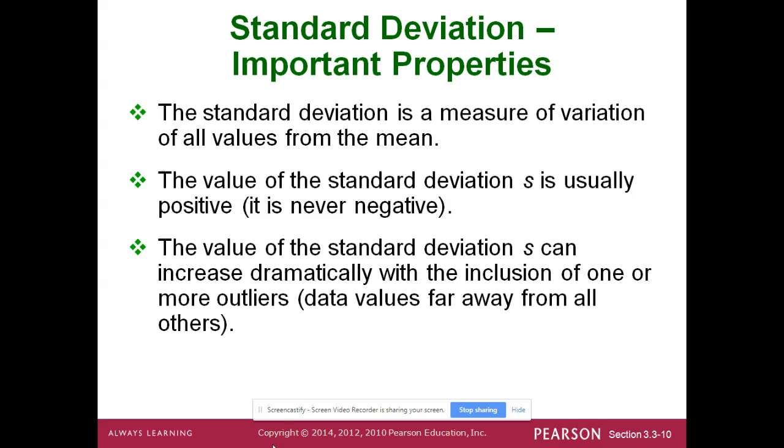It can increase dramatically with the inclusion of one or more outliers. That goes back to the variation stuff. If we've got extreme values, then variation is extremely sensitive to that. So standard deviation is going to be sensitive too. If you do the mean, let's say the mean is like 12 and you've got a number that's like 65, that's really far away from it, right?